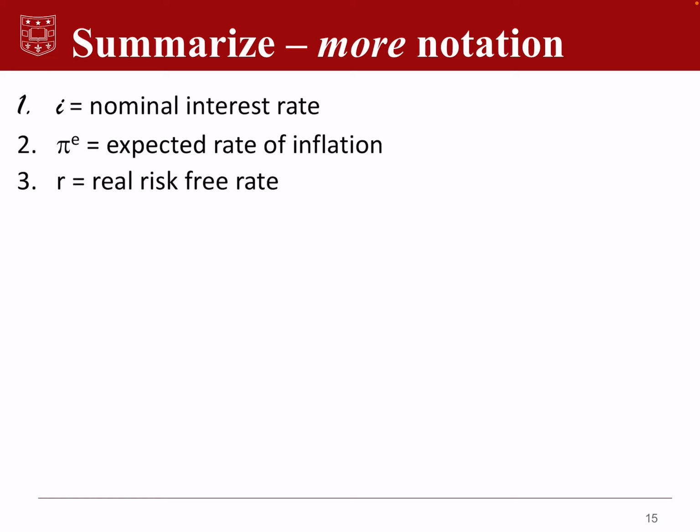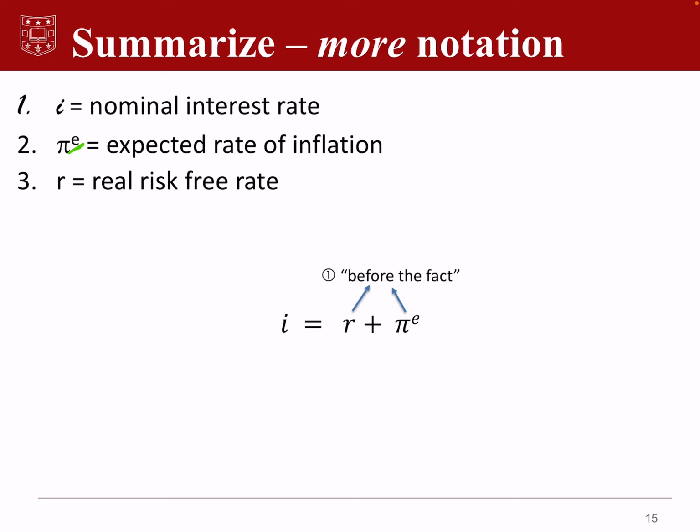But what I want to do at this point is to again think about the sequencing of things. So here is our equation, and notationally, the I is the nominal interest rate. The pi with a superscript e, the superscript e here just means expectations. It's not logs or anything else goofy going on. And then r is going to be our notation for the real risk-free rate. So what we're saying is, before the fact, borrowers and lenders are looking at the world around them.